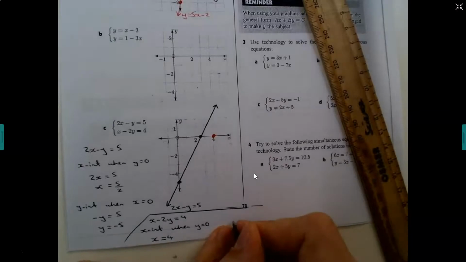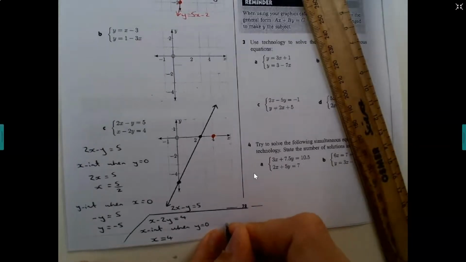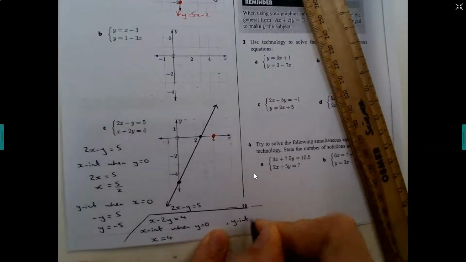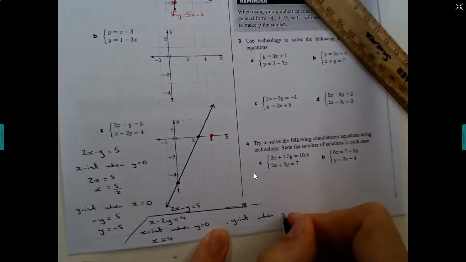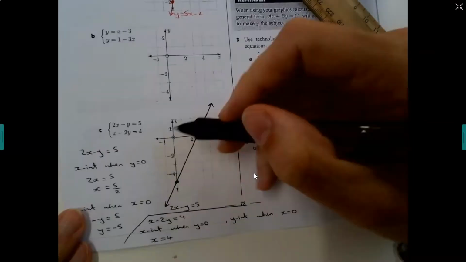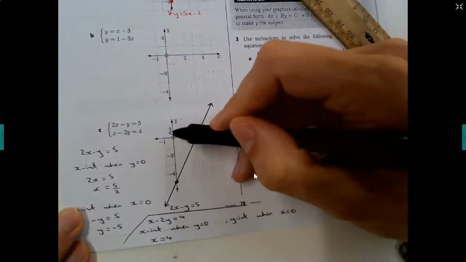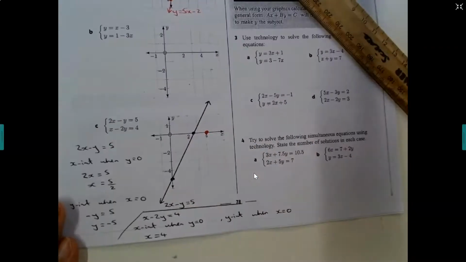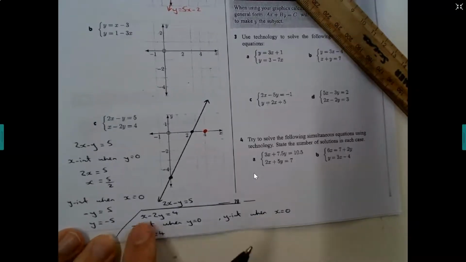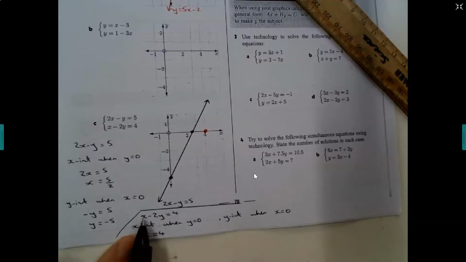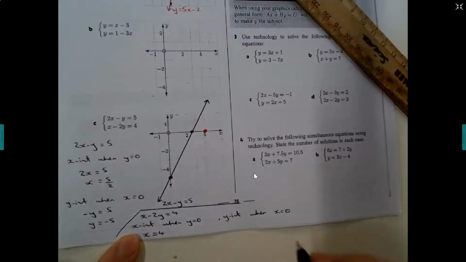Then our y-intercept is going to occur when x is equal to 0. Yeah, x will be 0 wherever it intersects that intercept. So if we substitute x is equal to 0 into here, then I'm going to have 0 minus 2y is equal to 4.